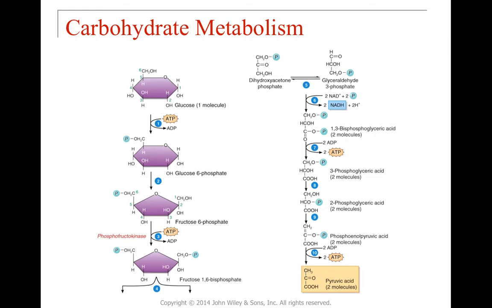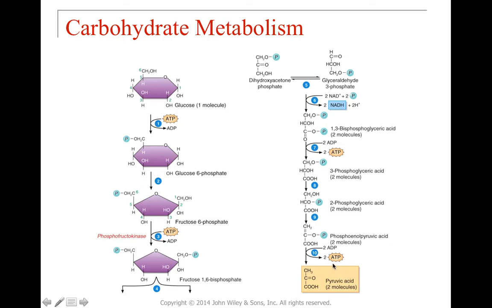And then we're going to end up having 2 ATP molecules come out. So ADP goes in, free phosphate goes in, and ATP, or high energy, comes out. From there we go to 3-phosphoglyceric acid and 2-phosphoglyceric acid, eventually down into phosphoenolpyruvic acid, and eventually into pyruvic acid.